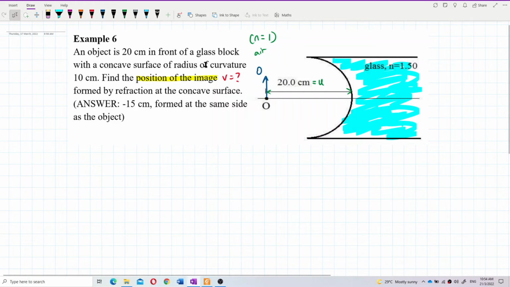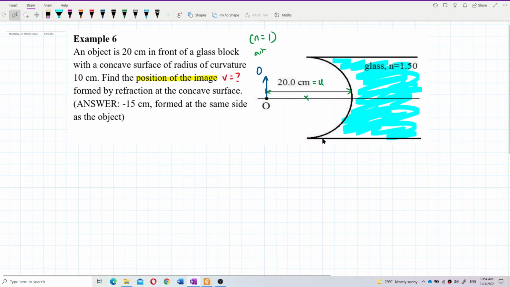Okay, he gives you this radius of curvature, 10 centimeter, the radius of curvature of the concave surface. Radius of curvature is the distance from the surface to the center of curvature of the surface. If you look here, the center of curvature of this surface should be around here.